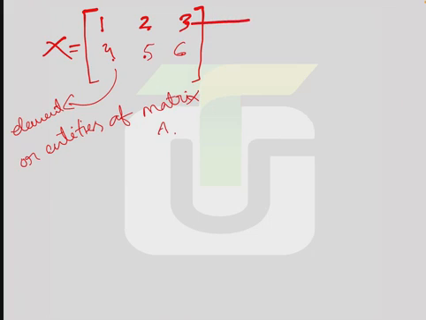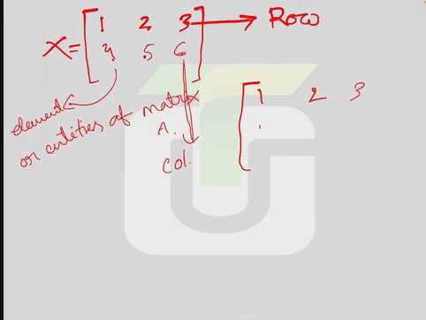So we have 1 2 3 4 5 6. These are called rows, and these are called columns. Here this is the first row, that is R1.